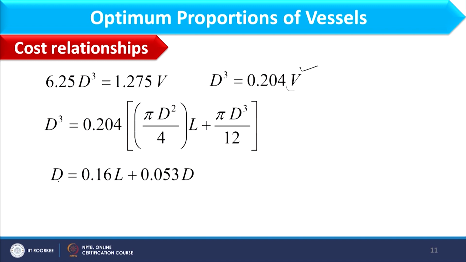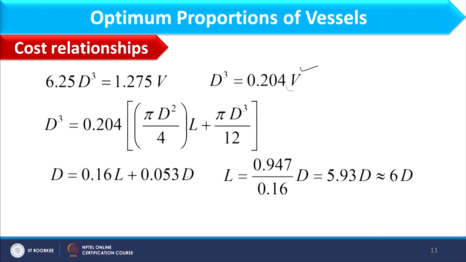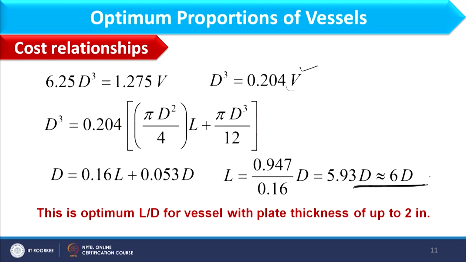Further resolving this, I have D equal to 0.16 L plus 0.053 L plus 0.053 D, and here we can extract L as a function of D, and then we can see that L will be approximated to 6 D. So, the L by D ratio in that case is 6. So, this is the optimum L by D ratio for the vessel with plate thickness up to 2 inches. So, L by D up to 6 we can see when the thickness of the vessel is up to 2 inches.